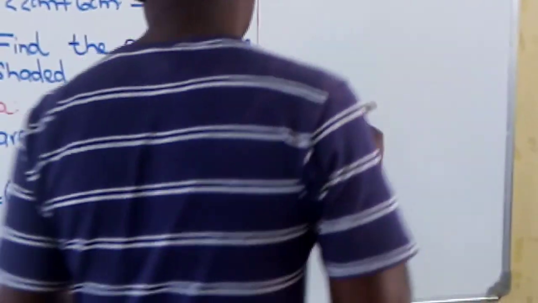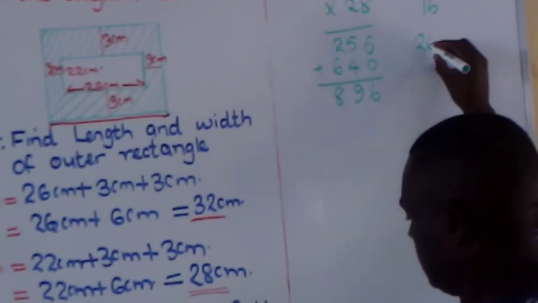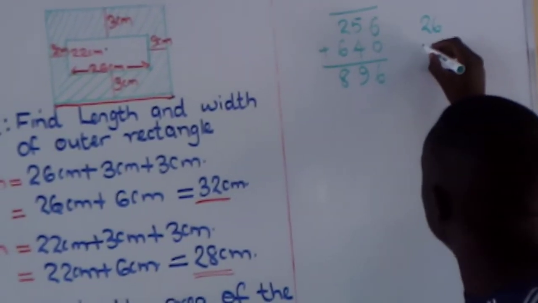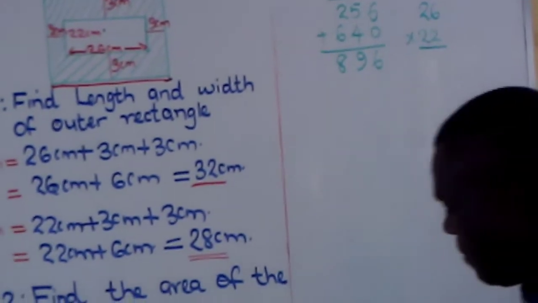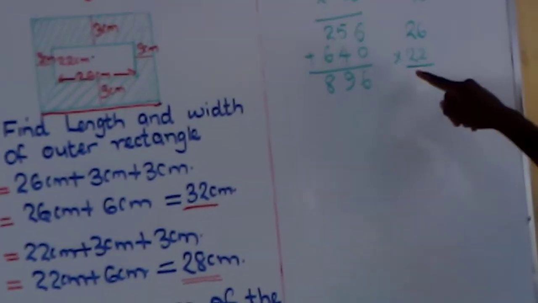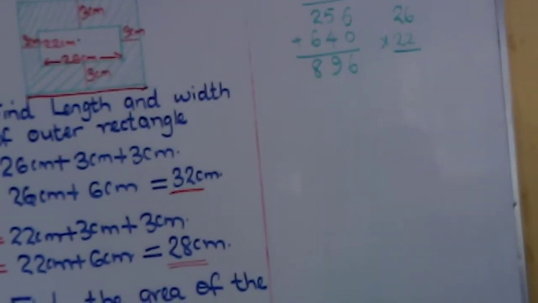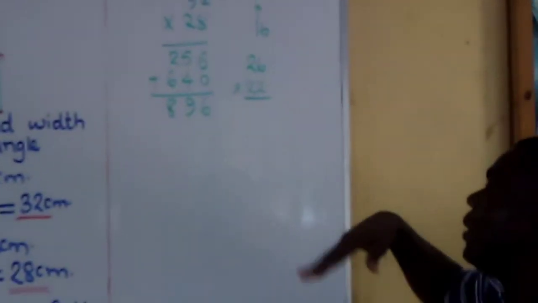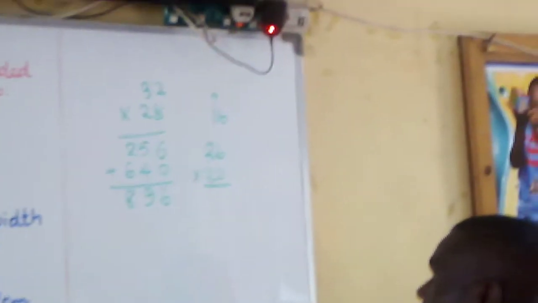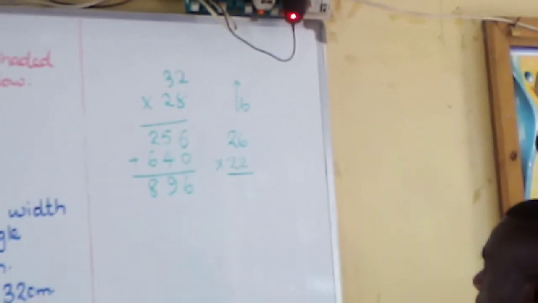We subtract. Again, we multiply this other one. 26 multiplied by 22. Remember, we are multiplying 26 by 22. 22 is 2 repeated. And so when we multiply with the first 2, we will recopy the answer.